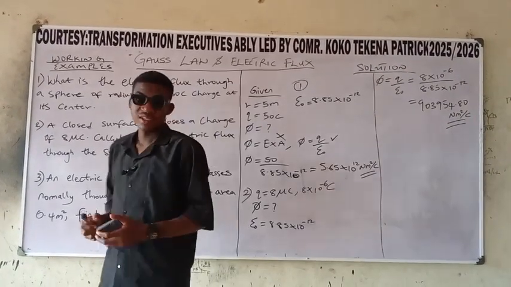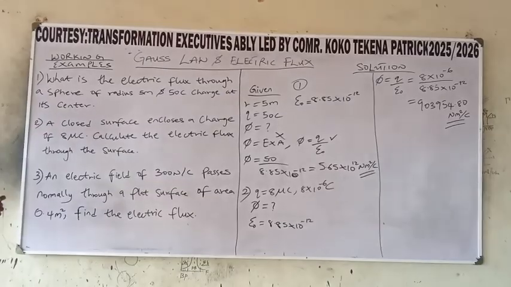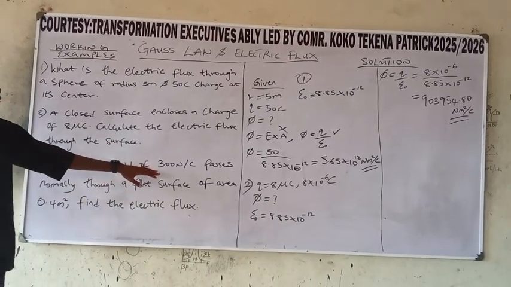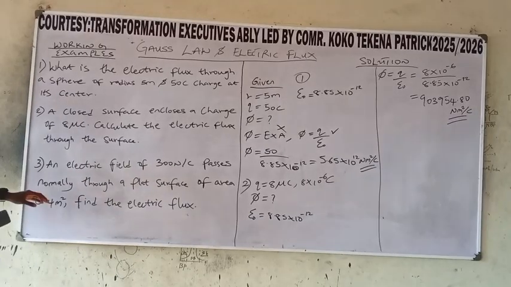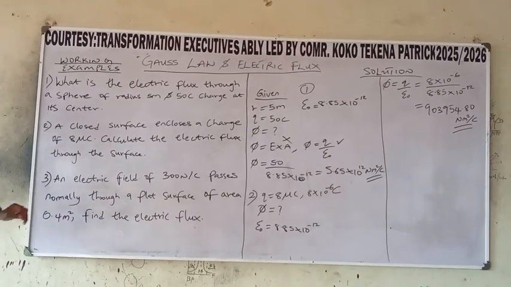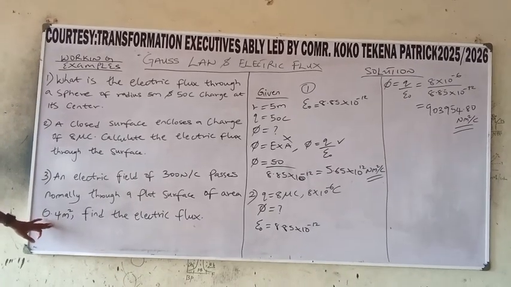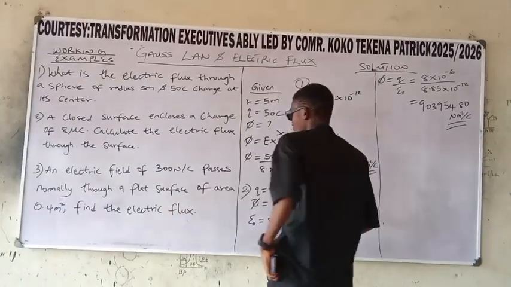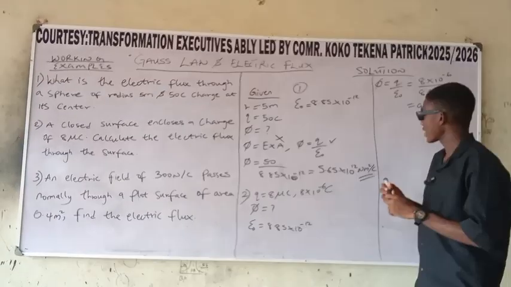And now, question 3. What does question 3 say? It says that an electric field of 300 Newton per coulomb passes normally through a flat surface of area 0.4 meter square. Find the electric flux. So what's our first step? Given, right?